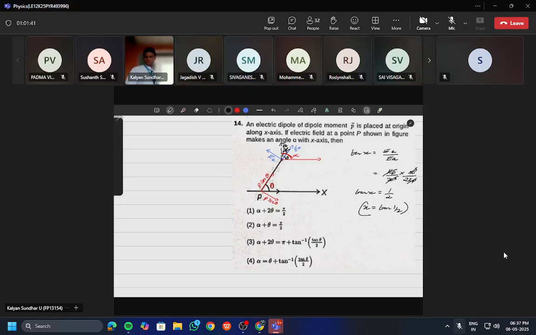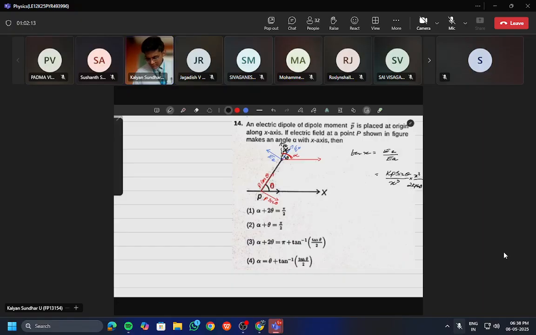Oh, wait. Sorry, sir, sin theta and cos theta. Correct, sir. Equatorial will be Kp sin theta by x cube, and this will be into x cube by 2 Kp cos theta.